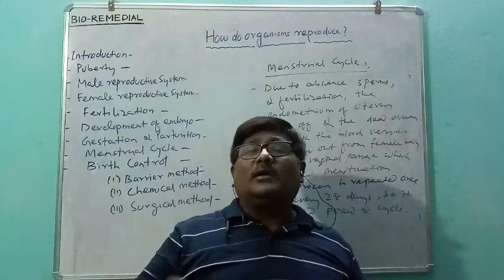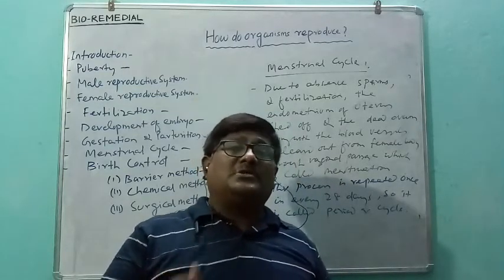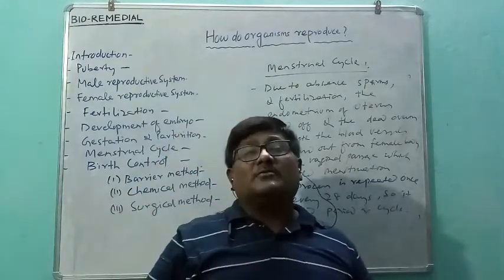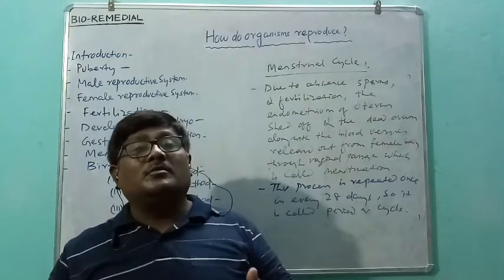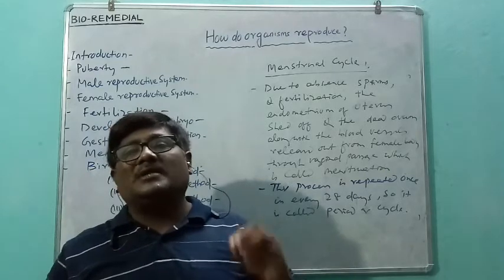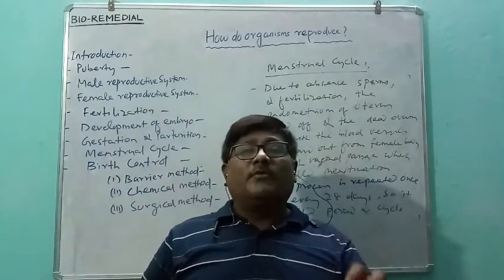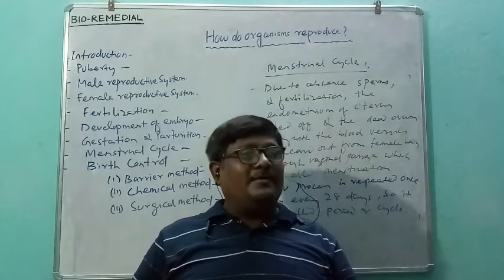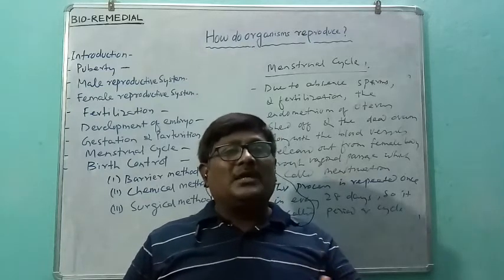After menstruation, as the days proceed, the pituitary gland of the brain releases the hormone follicle stimulating hormone, FSH. This FSH will stimulate the follicles to mature one immature egg, progressively or gradually.